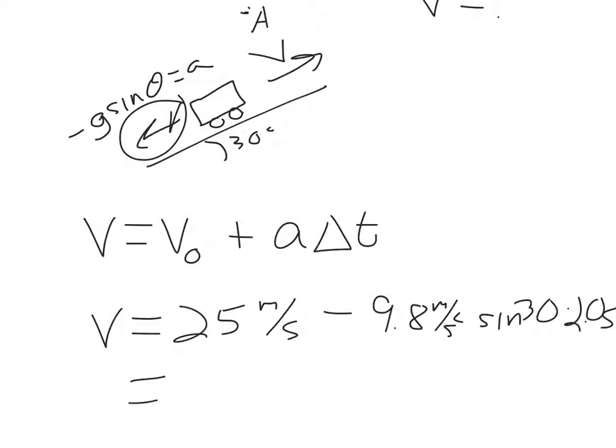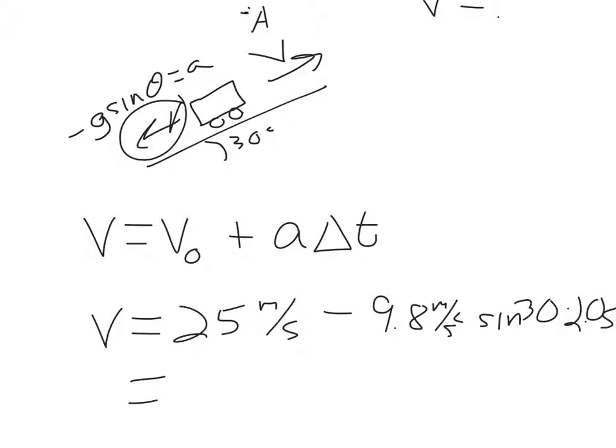All right, and now I can just plug that into my calculator. 25 minus 2 times 9.8 times the sine of 30. Times 2. Oh, I already did the 2, didn't I?